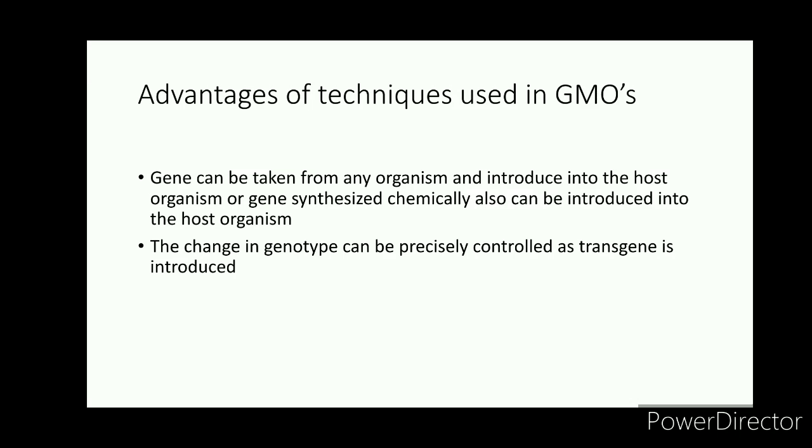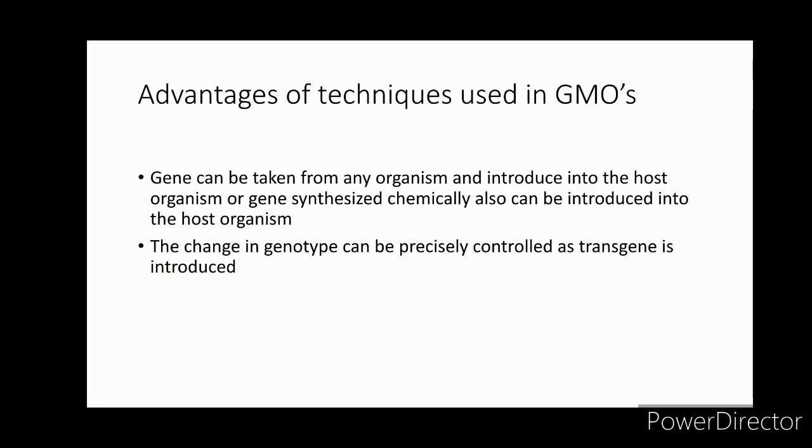Now the advantages of techniques used in GMOs. For example, in GMOs, the gene can be taken from any organism and introduced into any organism. The specific handling of the genes is possible, right?